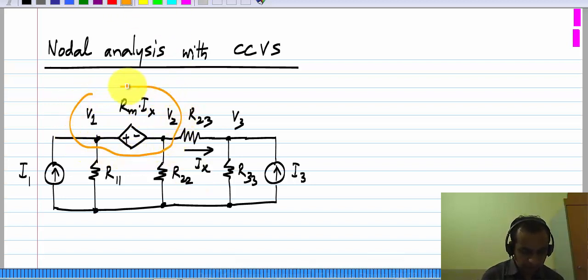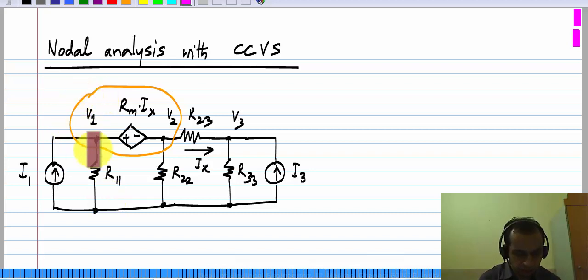So as usual, we form a supernode and write down Kirchhoff's current law for the entire supernode. As you know, any completely closed surface, whether it contains one node or many nodes, will have the algebraic sum of all the currents flowing out of it equal to 0.